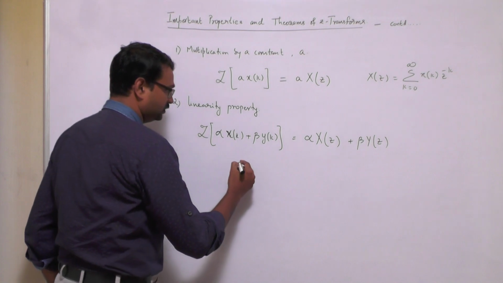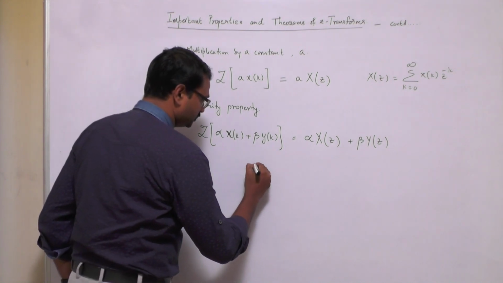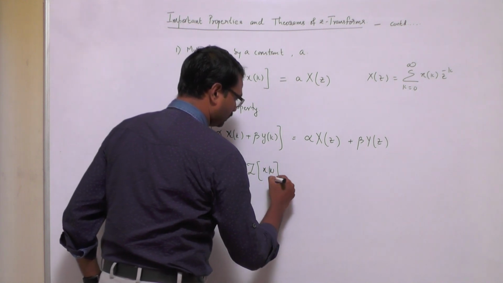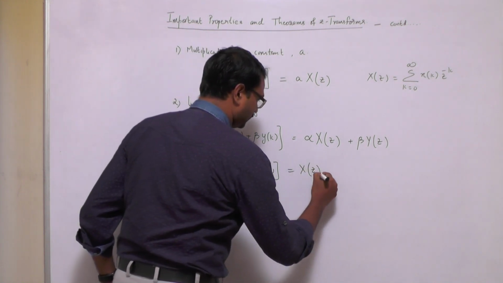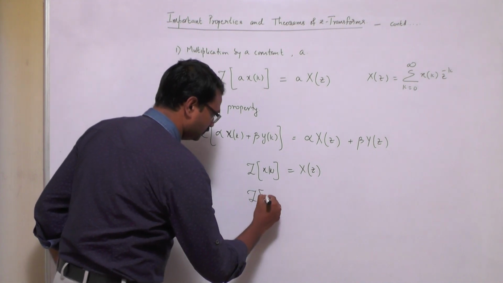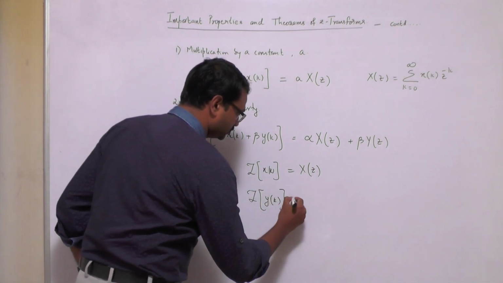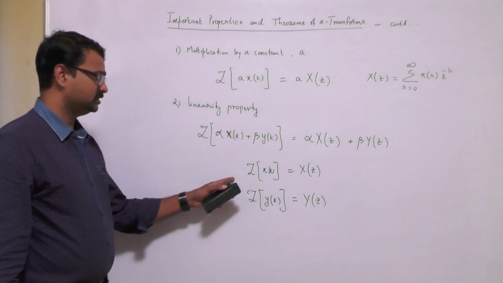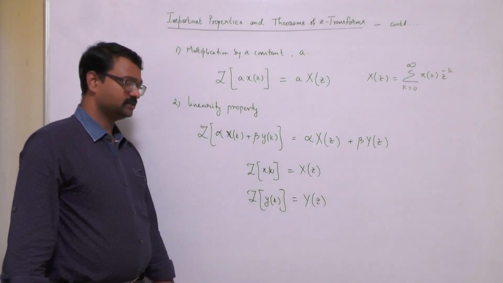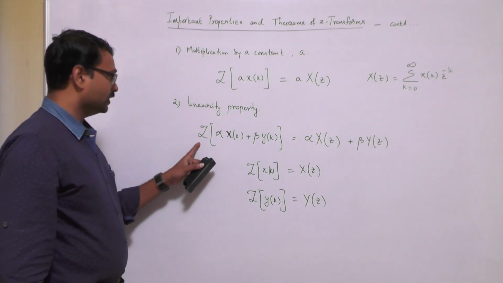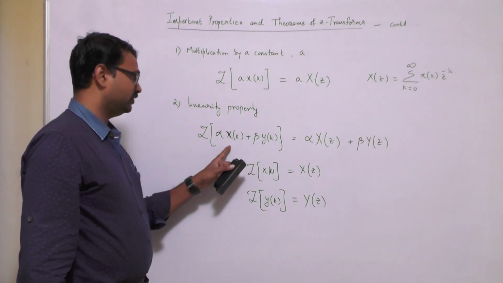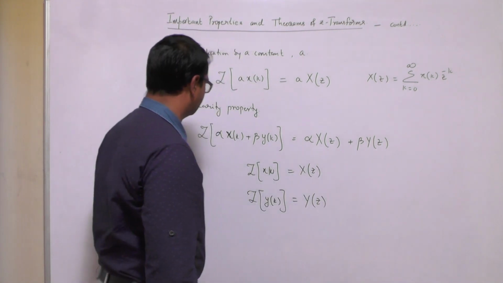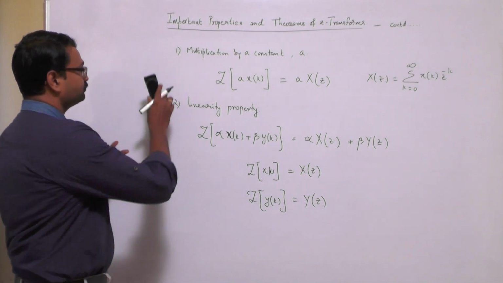This will happen if and only if Z transform of x of k is equal to x of z and Z transform of y of k is equal to y of z. Therefore, Z transform alpha into x of k plus beta into y of k is equal to alpha x of z plus beta y of z. That is the linearity property.